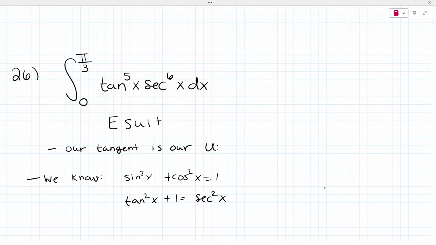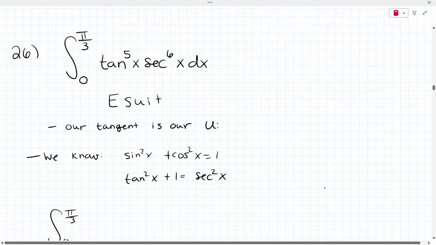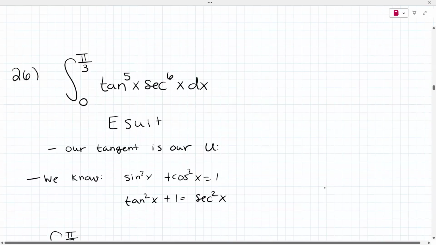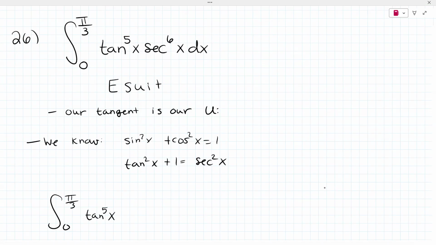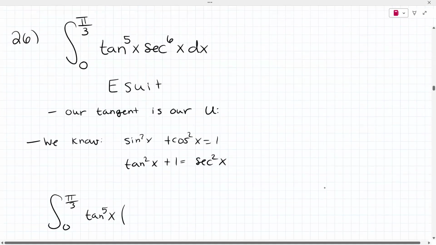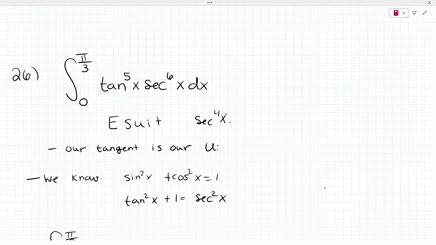So we're going to rewrite this problem as, let's leave tan to the 5th of x alone. And then we're going to replace secant to the 6th. Let's rewrite it as secant to the fourth of x times secant squared of x, right?